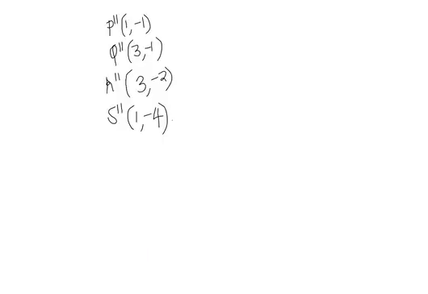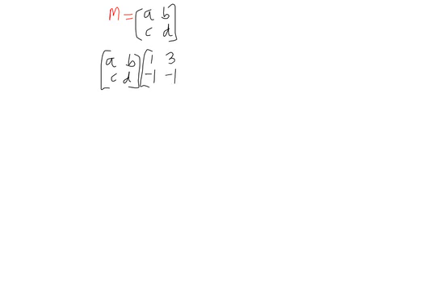So we let the matrix be a 2 by 2 matrix, which is A, B, C, D. Then we multiply by our object, which is the double primes, and we have 1, negative 1, 3, negative 1, 3, negative 2, and 1, negative 4.